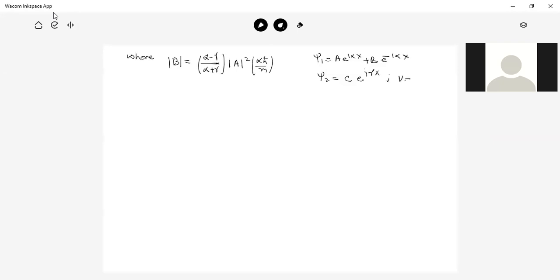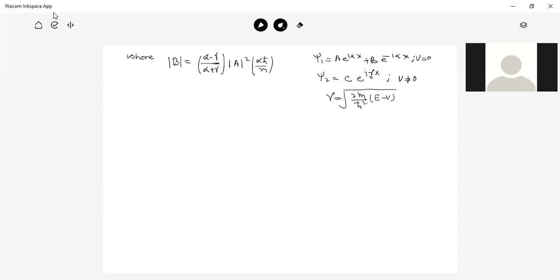In this case V is not equal to 0, and in the earlier case V is equal to 0. So earlier it was a free particle, and here is the particle, and that's why this is gamma. And this gamma was 2m upon h cross square into E minus V, E minus V under the step potential terms.